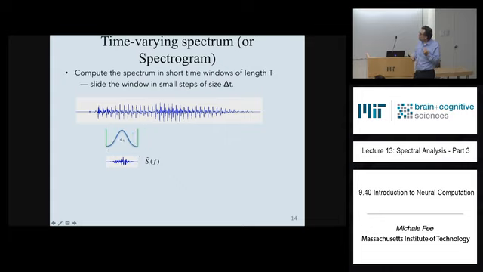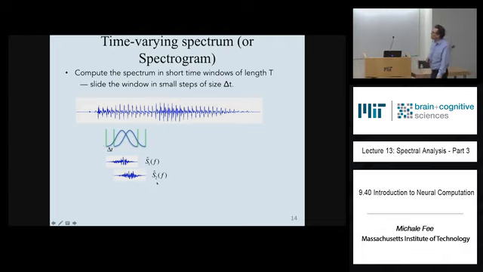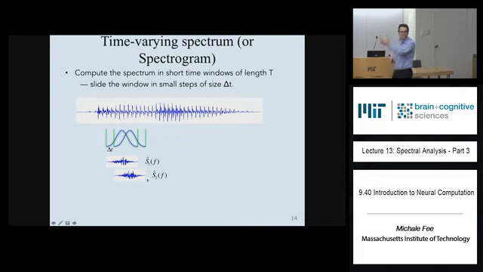All right, we're going to take a little piece of the signal that has width in time, capital T. That's the width of the window. We're going to multiply it by a taper, compute the spectrum, and then shift that window by a smaller amount, delta T, so that you have overlapping windows, compute the spectrum of each one, and stack all of those up next to each other.